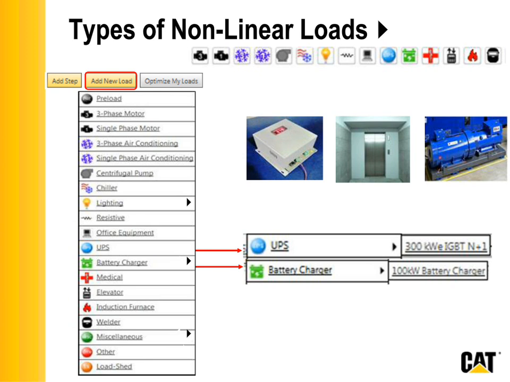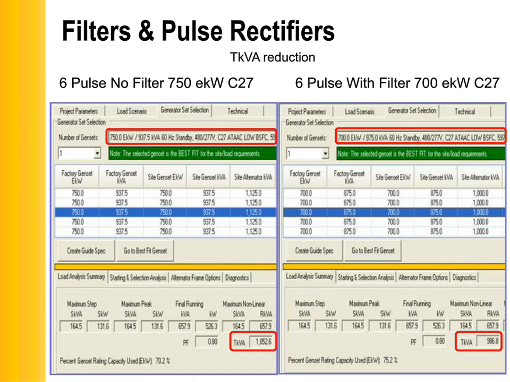What I have here is an example of a nonlinear load, a UPS load. I talked about the two things that SpecSizer does automatically, upsizing the kVA of the alternator and changing the excitation of the genset, but there's a couple of things that you can do as a user to mitigate harmonics and distortion.